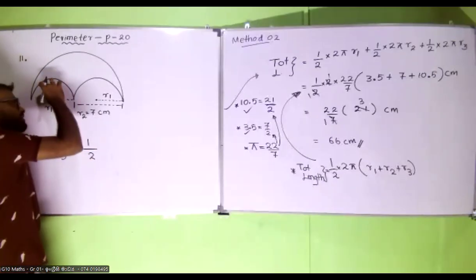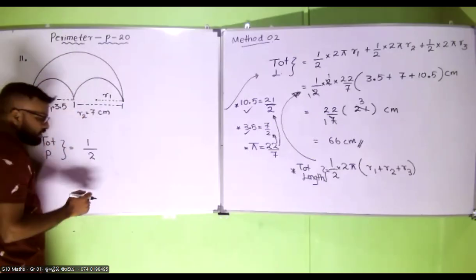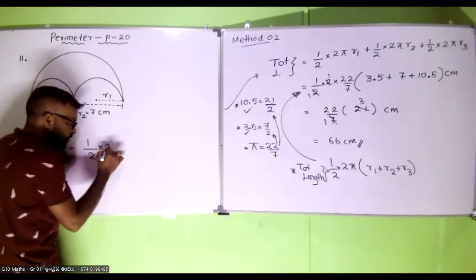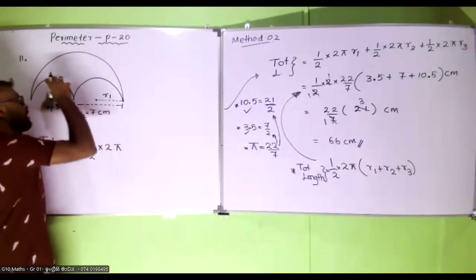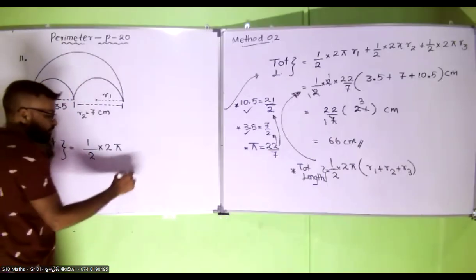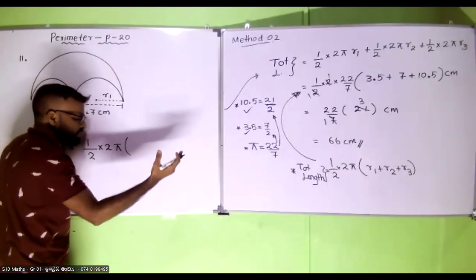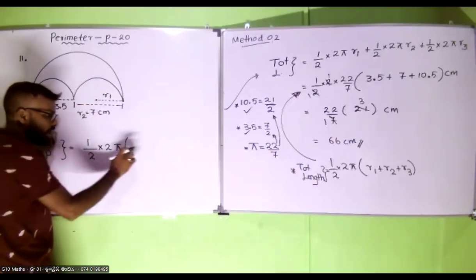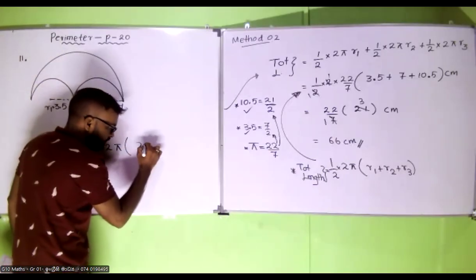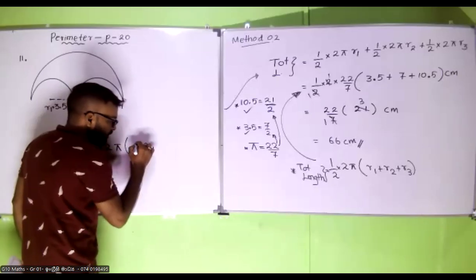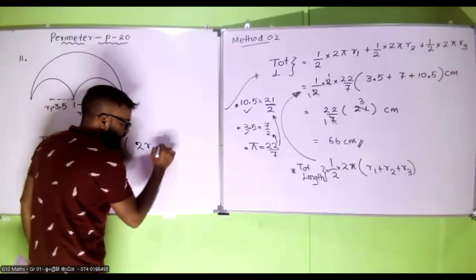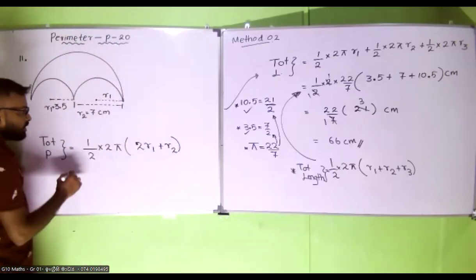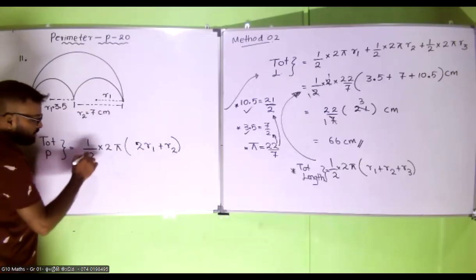This is fixed for this one and the big half circle: portion of the circle, theta divided by 360, and 2π, common for both. The only changing thing is radius: R1 plus R1 plus R2. R1 plus R1 means 2R1. So 2 times R1 plus R2. That's all. Right. So here simplify.